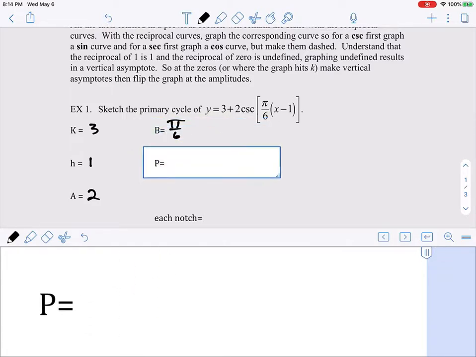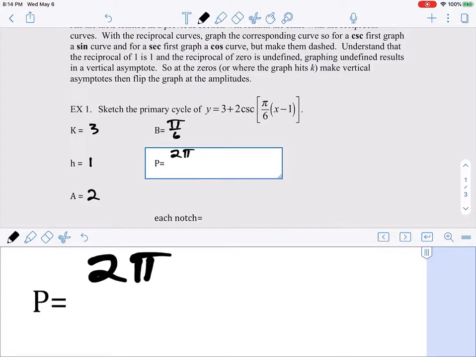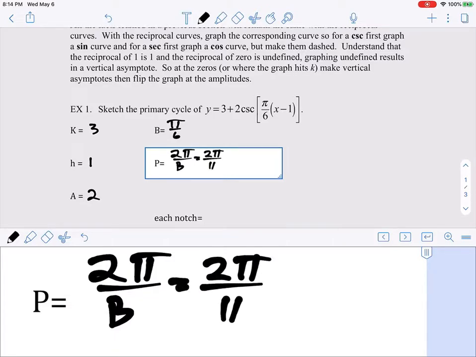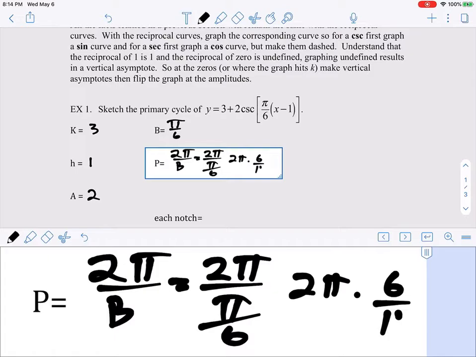And my period is, again, always going to be 2 pi over B, which here equals 2 pi over pi over 6. We flip and multiply. 2 pi times 6 over pi. The pi's cancel.